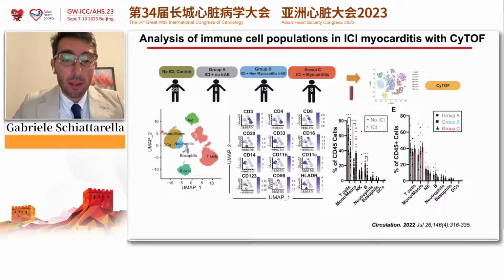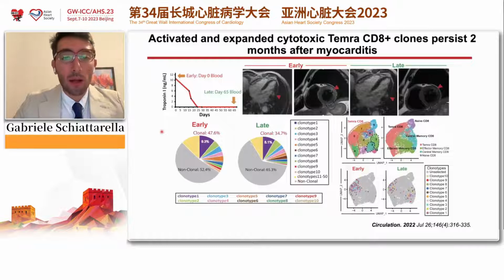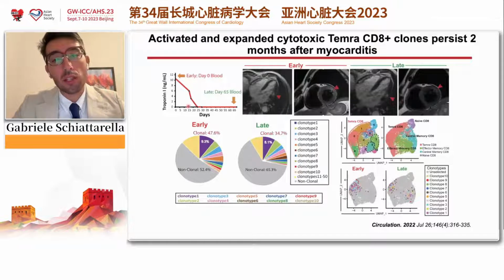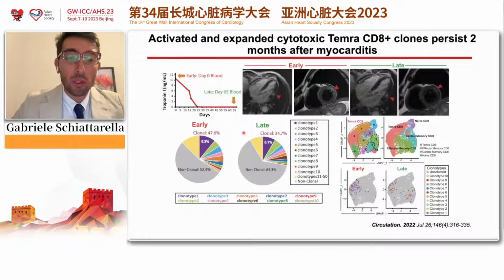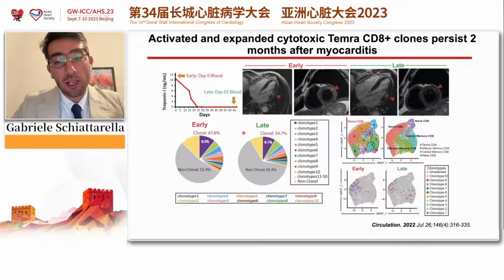Of course, this ended up with identification of several specific types of lymphocytes associated with this condition, and importantly, one particular subtype was associated with the clinical outcome. So the presence of a specific clone in the blood of patients with myocarditis after immune checkpoint inhibitors was associated with different types of outcomes, testifying to the clinical relevance of identification of a specific immune cell type in patients with ICI-induced myocarditis.